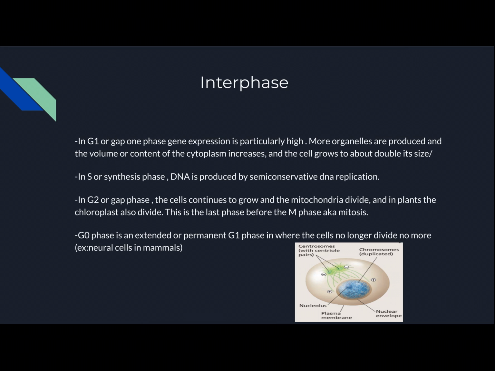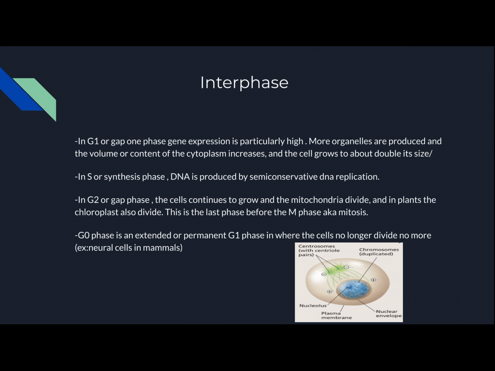Essentially in G1, the cell is growing to about double its size, more organelles are produced, and the volume of the cytoplasm increases. The two important things to know are that gene expression is high, and the cell increases in size by roughly double its previous size. The synthesis phase is the production of DNA by semi-conservative DNA replication.